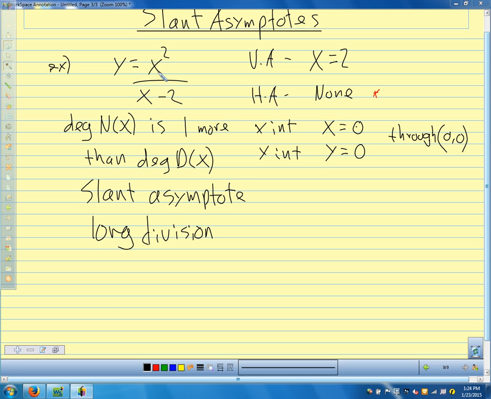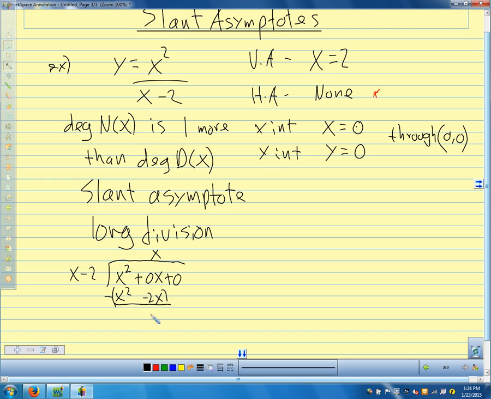So I'm going to divide x minus 2 into x squared plus 0x plus 0. So we do our long division here. What do we have to multiply x by to get x squared? X. Put that up there, and I get x squared minus 2x.